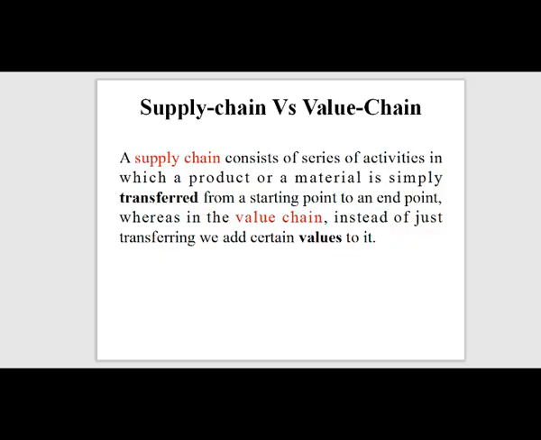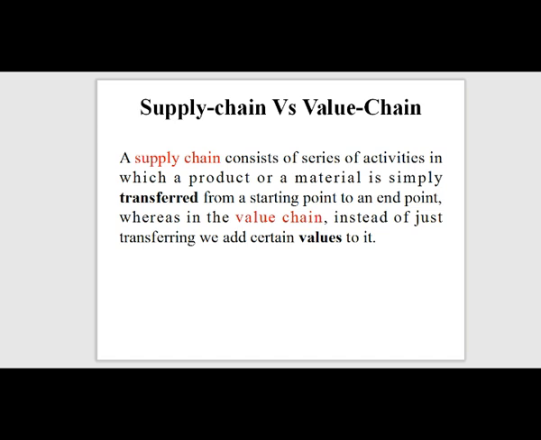The difference between supply chain and value chain is very important. A supply chain consists of a series of activities in which a product or raw material is simply transferred from the starting point to an end point, whereas in the value chain, instead of just transferring, we add certain values to it. For example, suppose a supply chain is as follows: farmers, wholesalers, retailers, and customers.